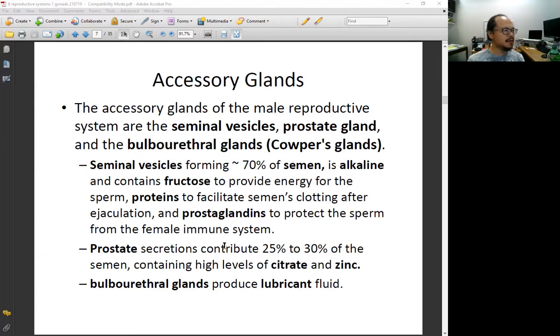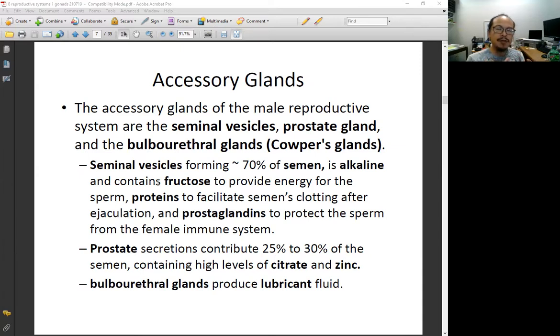The semen is the combination of the sperm and the fluid. And so these seminal vesicles provide fructose. This will be used by the sperm to generate ATP in order to swim.